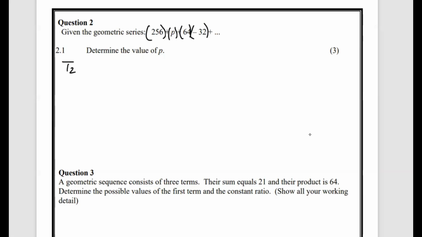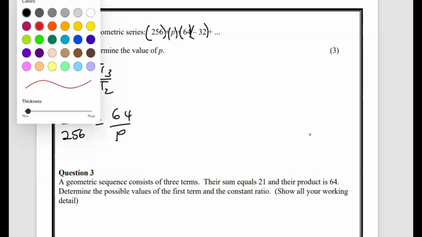So I'm going to say T2 over T1 must be equivalent to T3 over T2. T3 is 64, T2 is P, so I'll have P over 256 is equal to 64 over P.